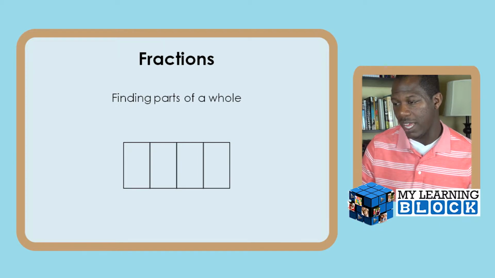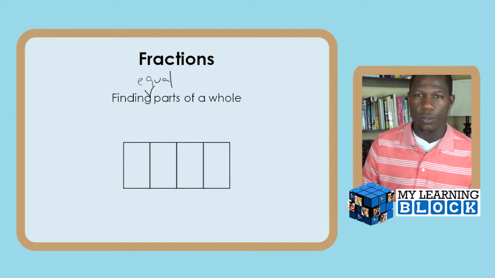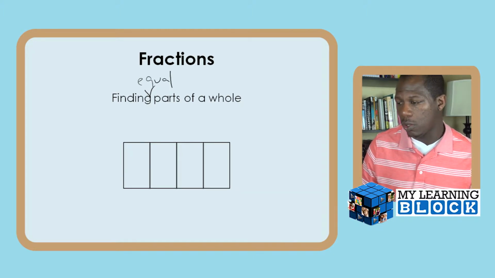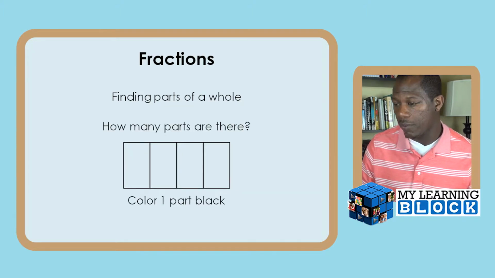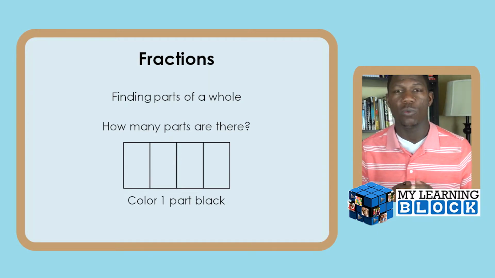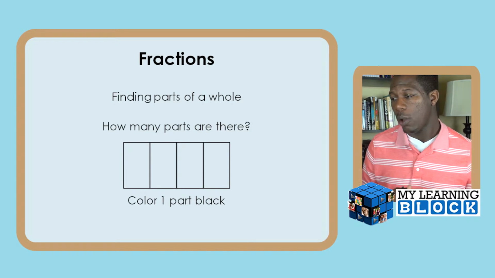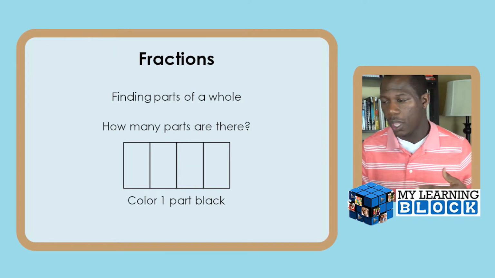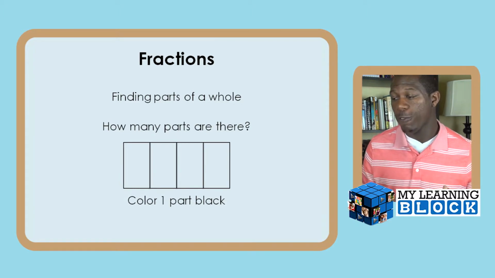I know some of you are like, it should be equal, so find equal parts of a whole. All right, so after we find our equal parts of a whole, and we know that there are 4 equal parts of a whole here, to teach the concept of fractions, we want to then go to the next step. We want to ask first, how many parts are there to this whole? And your child, as we said, there are 4.